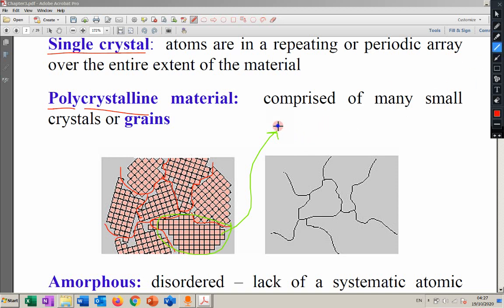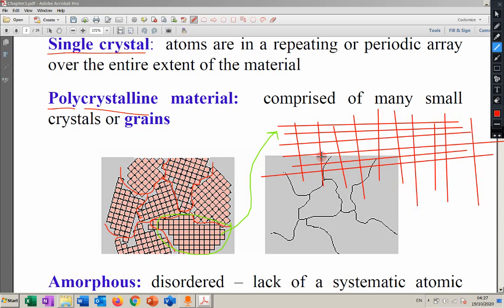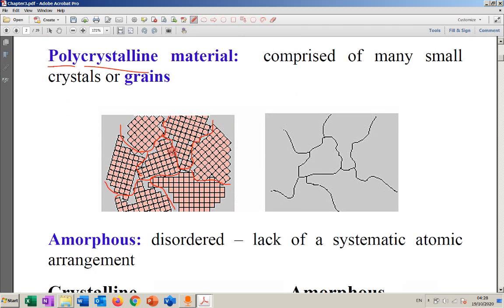I cannot draw it in this way, but let's say there will be something like this, all of it having exactly the same arrangement. It's supposed to be symmetric, but I don't have the means to make it symmetric, but it's exactly the same way. This is what we call a single crystal. The entire extent of the material has the same arrangement, single crystal.